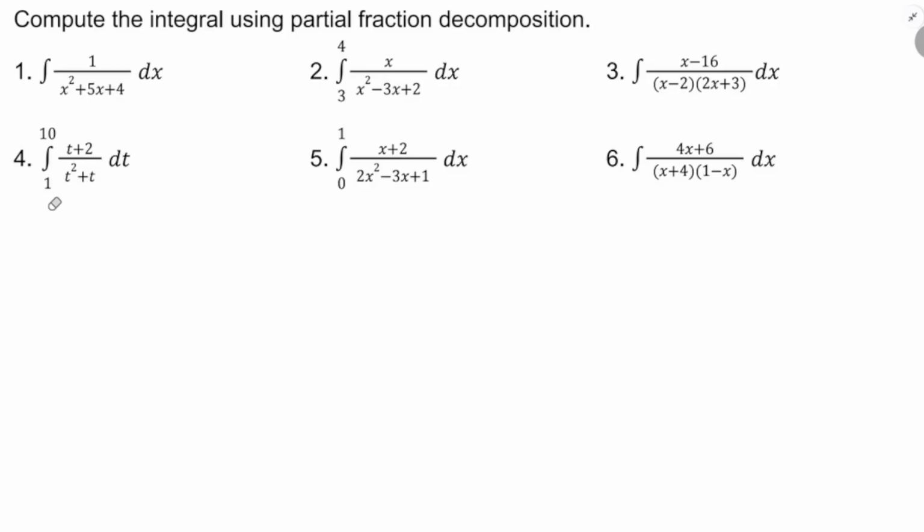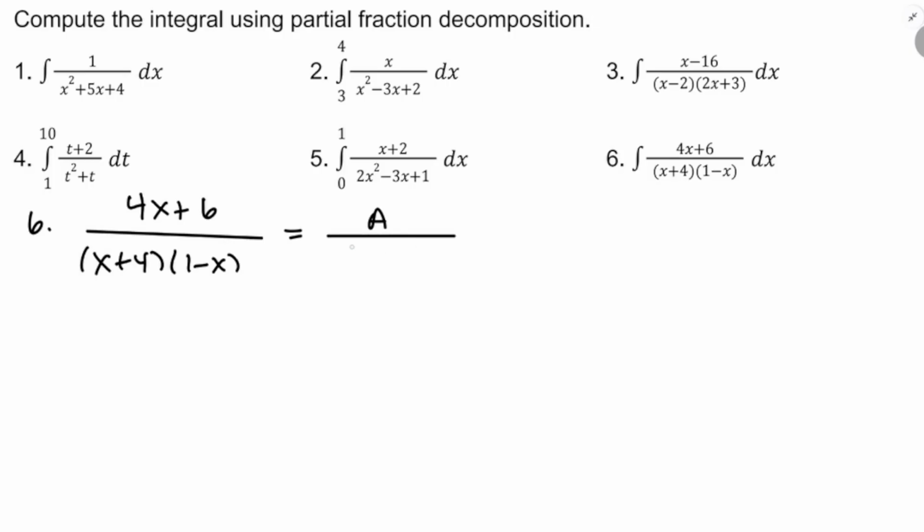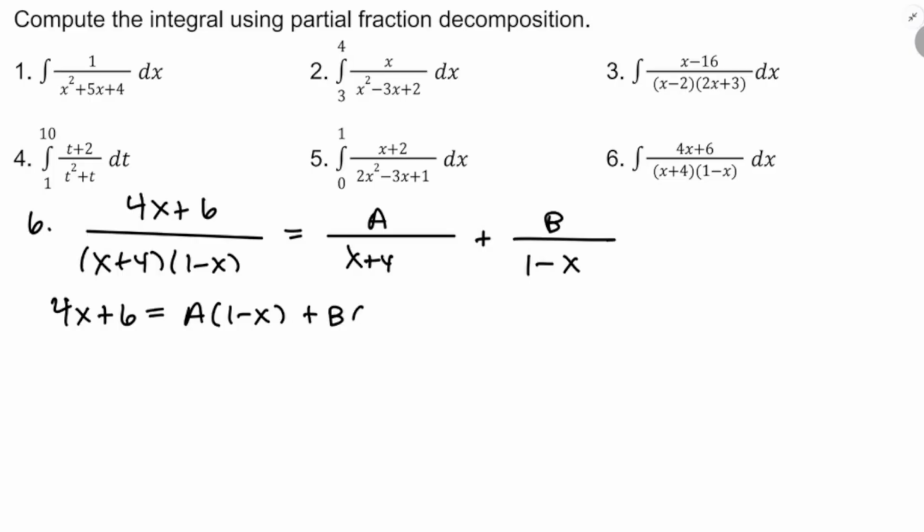Now, number 6 looks like it's going to be a little nicer. Okay, so 4x plus 6 over x plus 4 and 1 minus x is going to be A divided by x plus 4 and B over 1 minus x. That means 4x plus 6 equals A multiplied by 1 minus x and B multiplied by x plus 4.